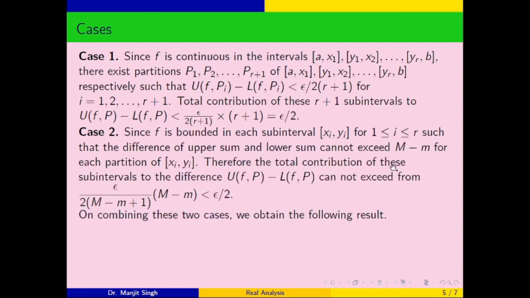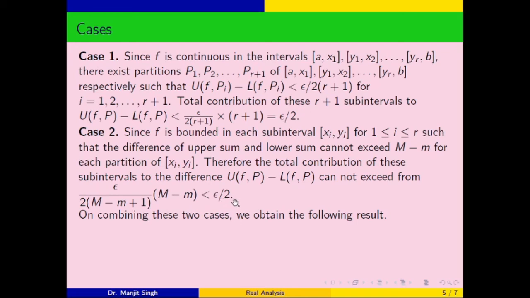Therefore, the total contribution of the subintervals to this difference cannot exceed, as we have taken already, the total sum of subintervals, and in each subinterval the contribution of the function cannot exceed this upper sum minus lower sum. So the total contribution of this type of partition to this difference cannot exceed epsilon by 2.